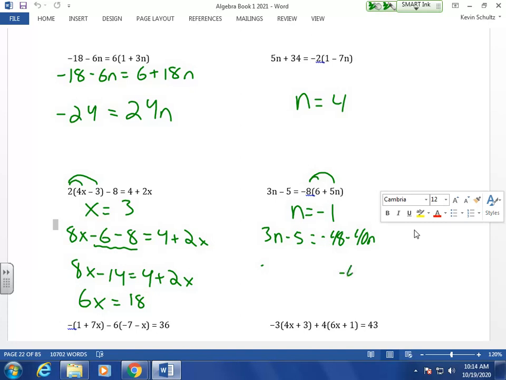So that's going to give us a -43n over here. -40 minus 3. That means we're going to move our constants to the left side. So we're going to add 48 to both sides, and we get 43 equals -43n. Then dividing those gives us -1.